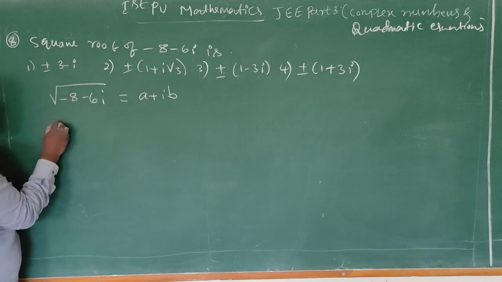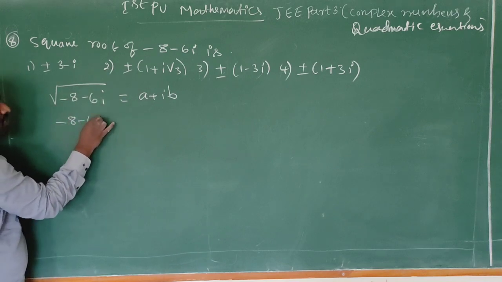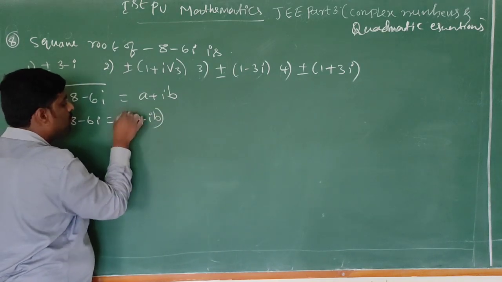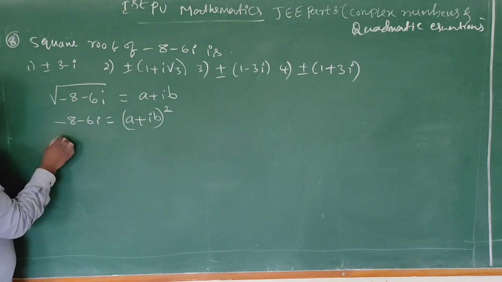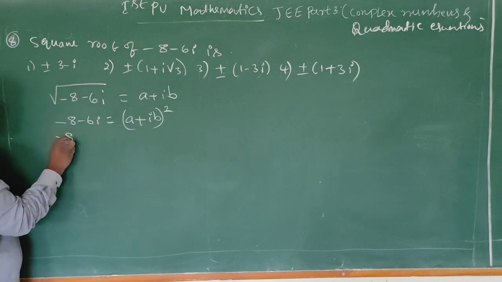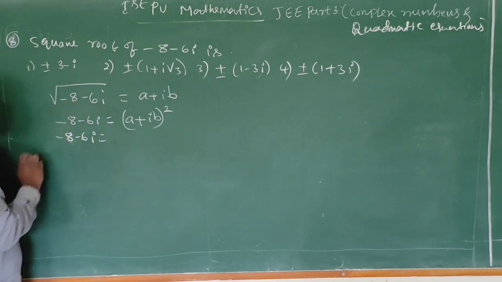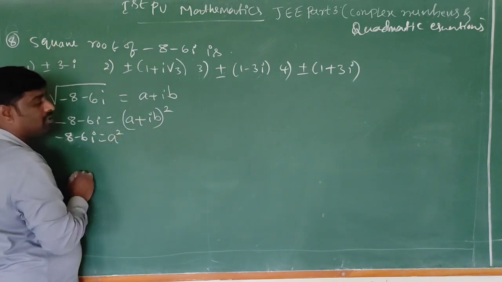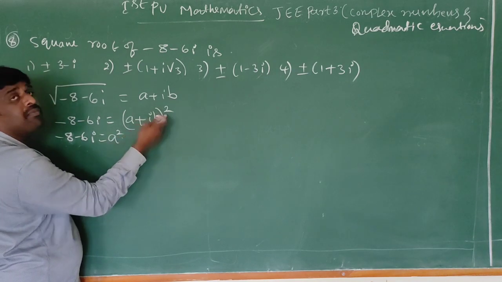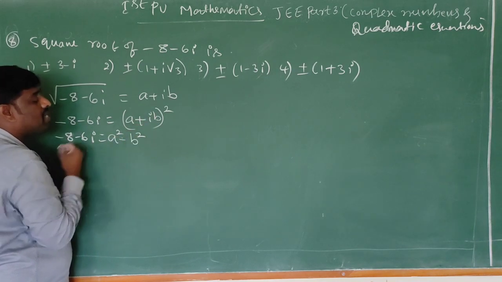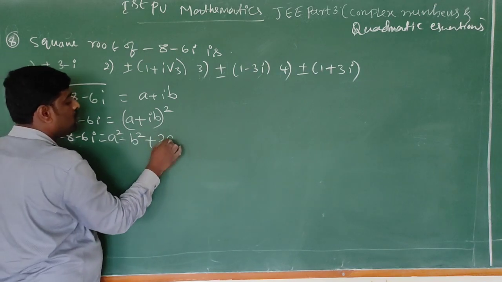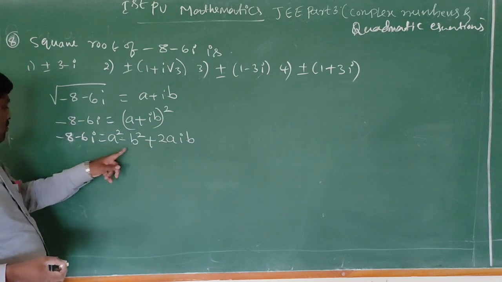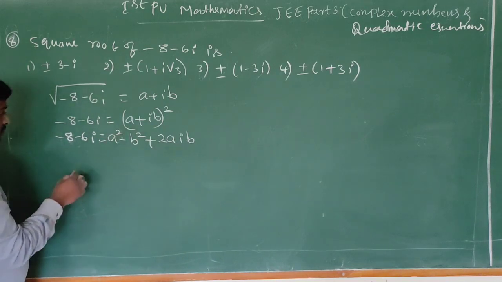Squaring on both sides, minus 8 minus 6i equals a plus ib whole square. It is of the form a plus b whole square, so a square plus i square b square, that means a square minus b square plus 2aib. Now separate the real part and imaginary part.